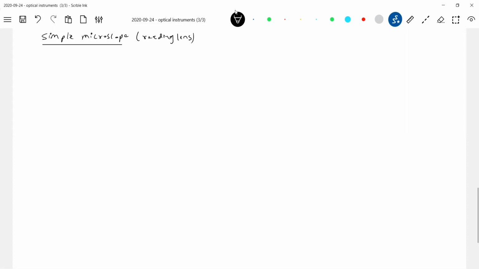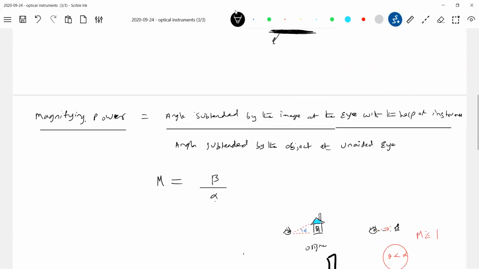Now you know some idea of the optics. So first, what happens: there's an object. So what is the definition of this one?